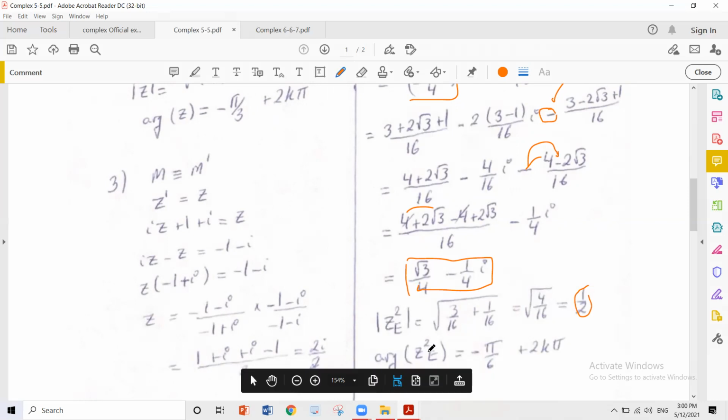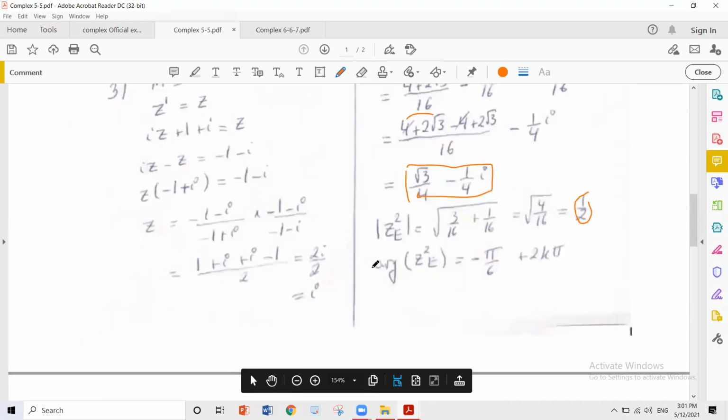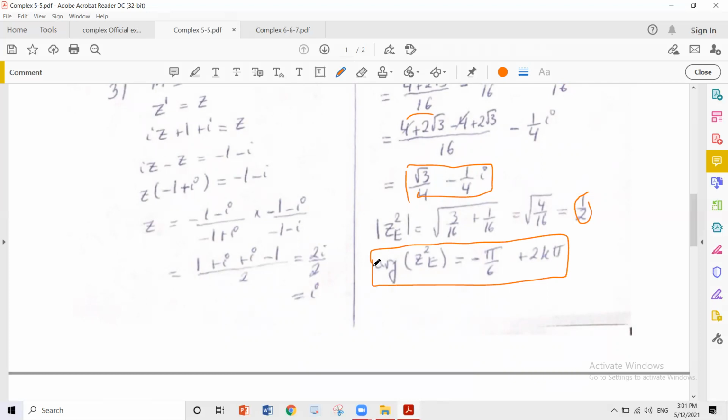The argument of ZE squared, by using the calculator, comes out minus pi over 6 plus 2k pi. Haikaz, it is done. Yes.